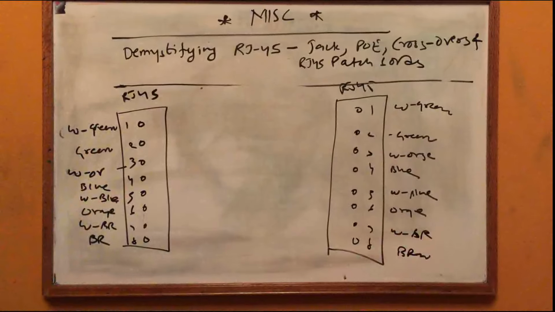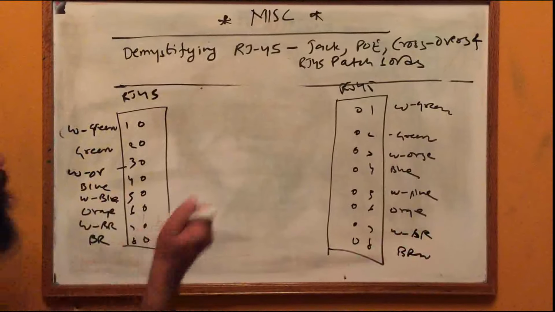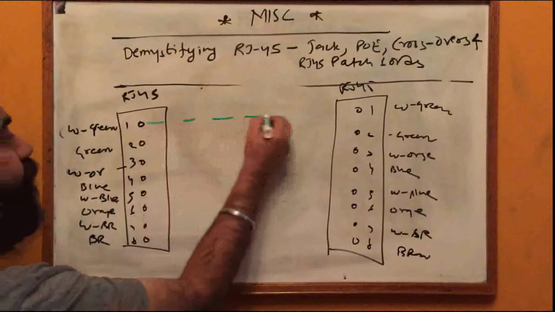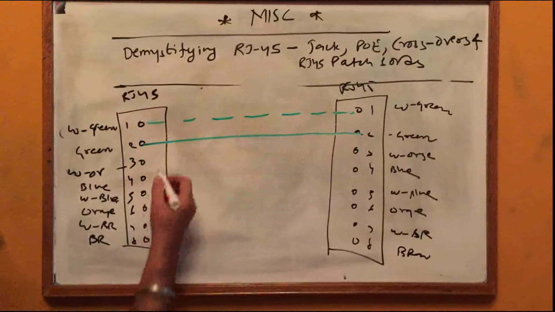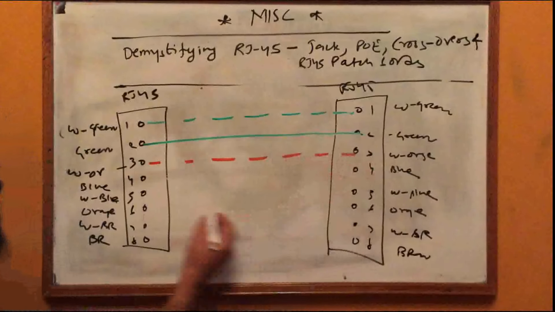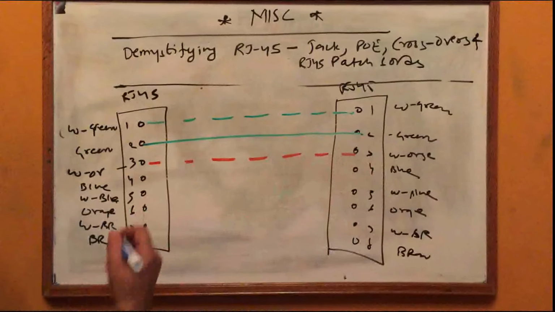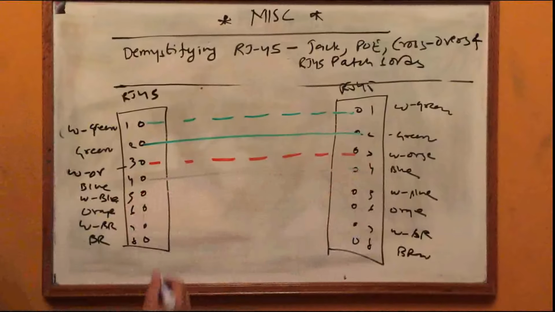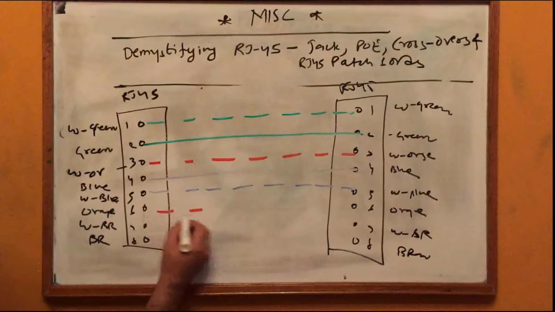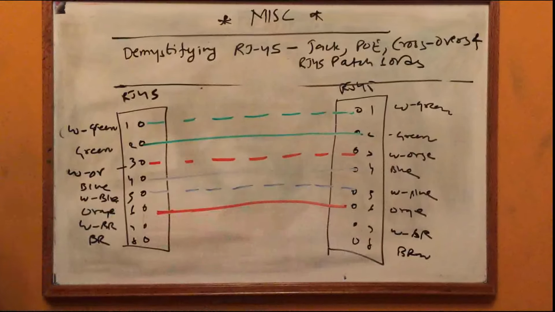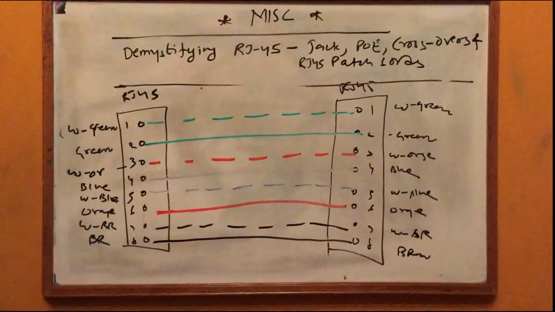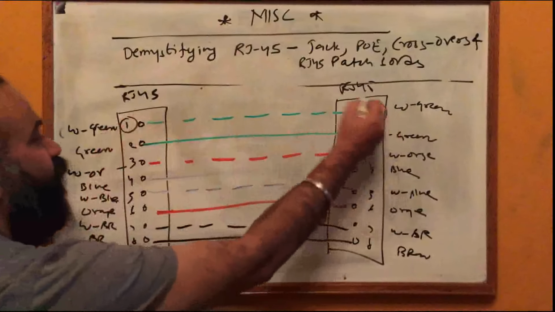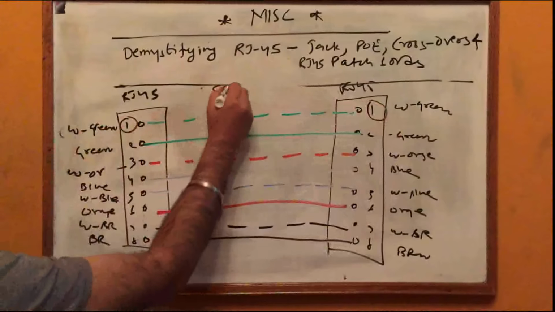The straight cable is simple. White-green, green, white-orange, blue, white-blue, orange, white-brown, and brown on both ends. When pin 1 is connected to pin 1 on the other RJ45 jack, it is called a straight cable.